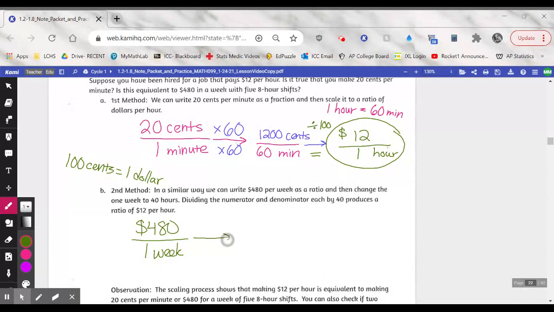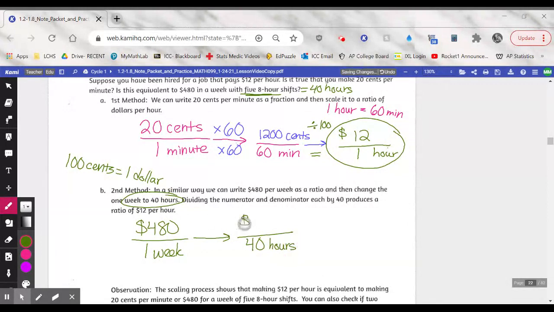And then we're going to change 1 week to 40 hours, because they told us at the beginning that you have 5 8-hour shifts. So if you have 5 8-hour shifts, that's the same as 40 hours. So 1 week of work is the same as 40 hours.